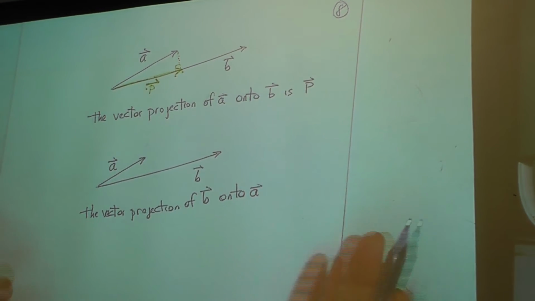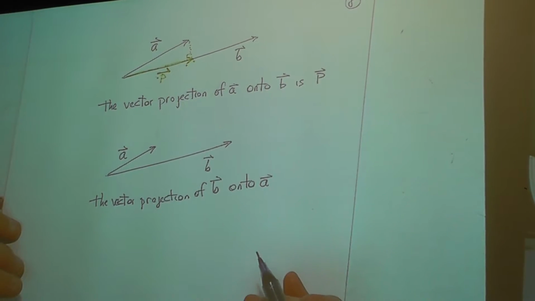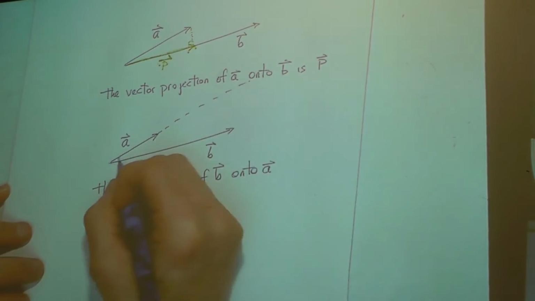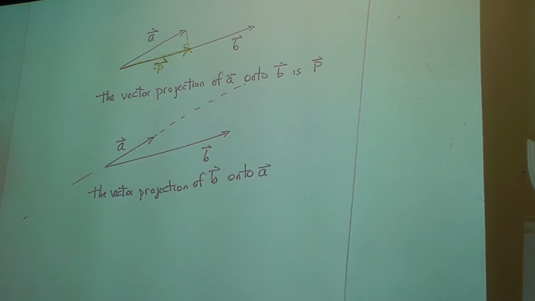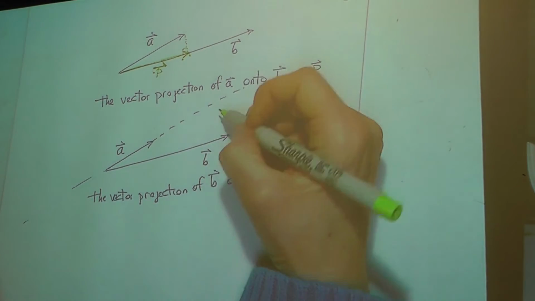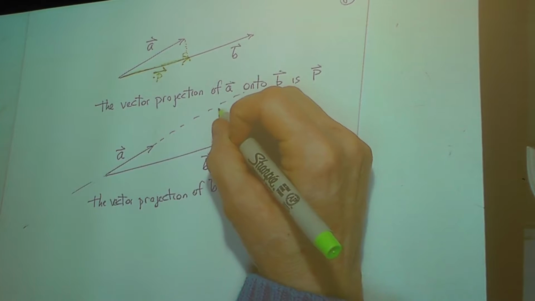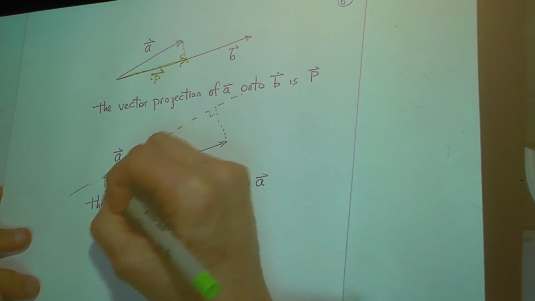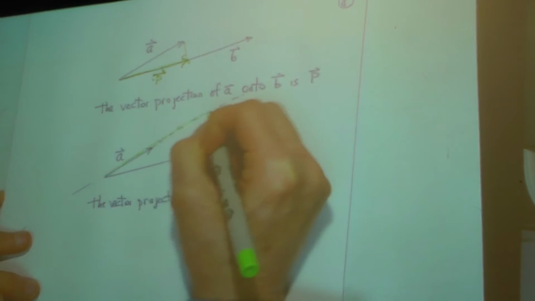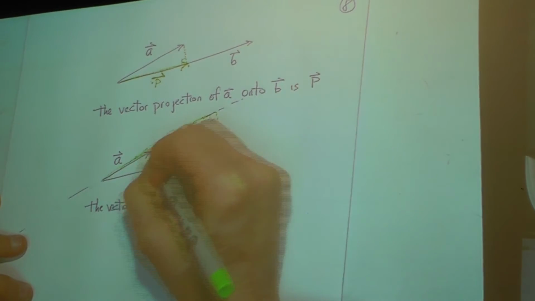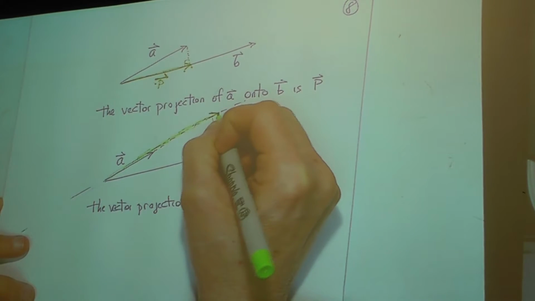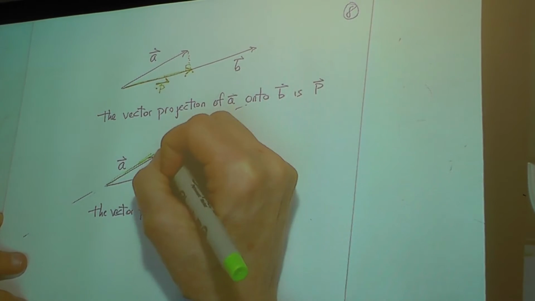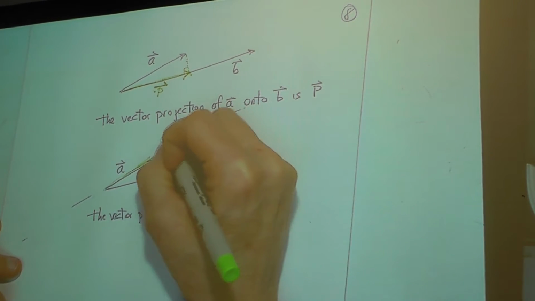It matters what you're projecting onto what. So what I'm going to do is, in a dotted line, extend A. I'm going to drop my perpendicular onto that line. This vector right here, and it's a vector, so when you draw it, you have to indicate a direction, this guy right here, I'll call it Q.